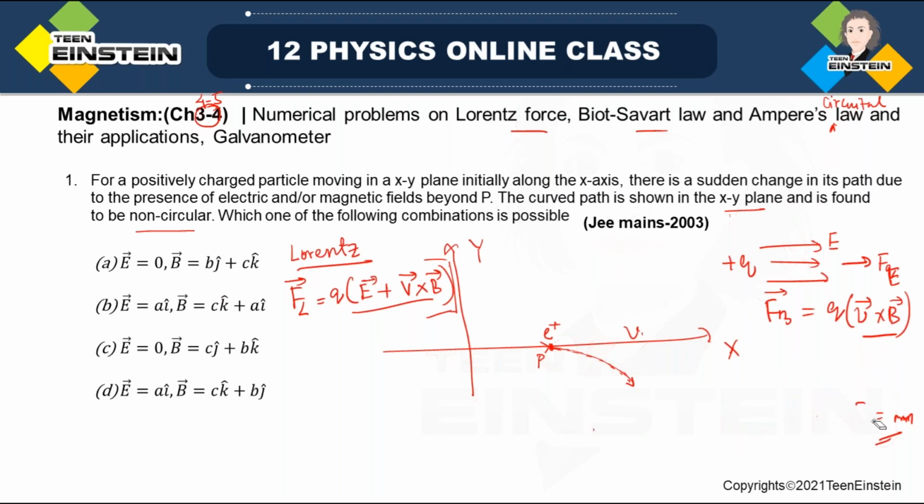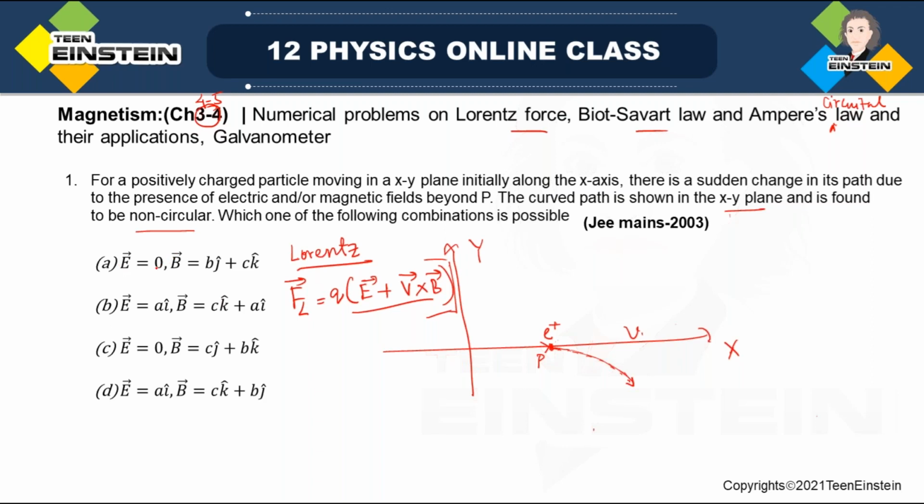Either the electric field has to be directed along the direction of the charged particle, here along the x-axis, or the magnetic field should have a component along this x direction. If the magnetic field has components in the y and z directions, let us see what happens in that case. So let us examine the options.